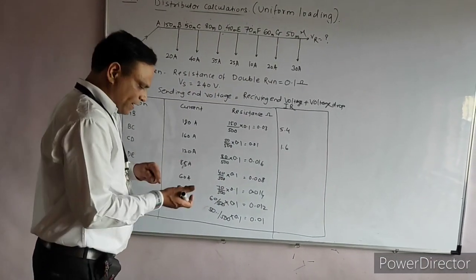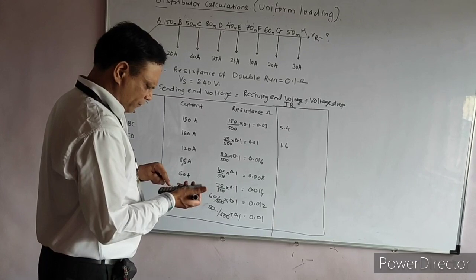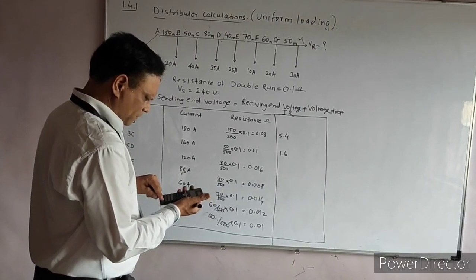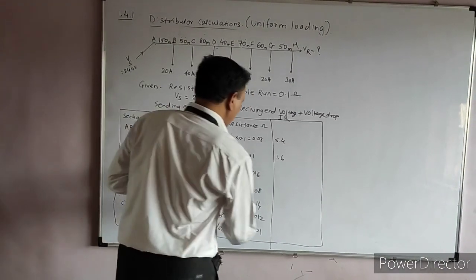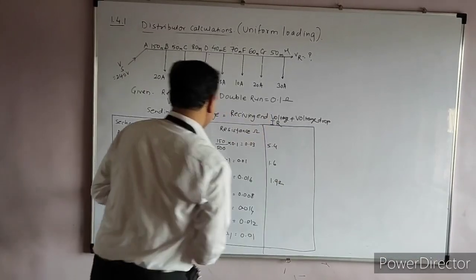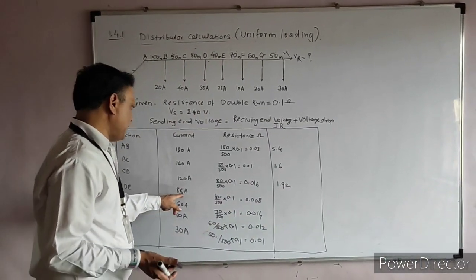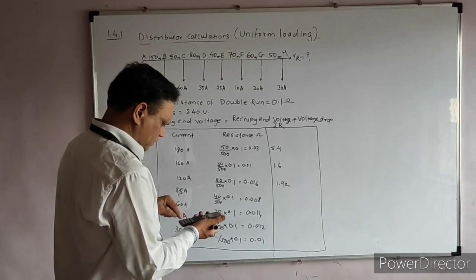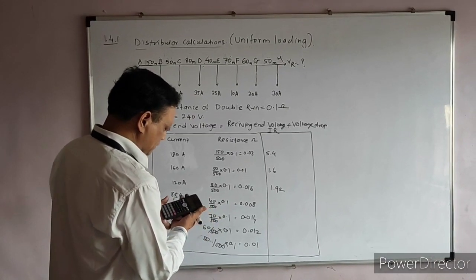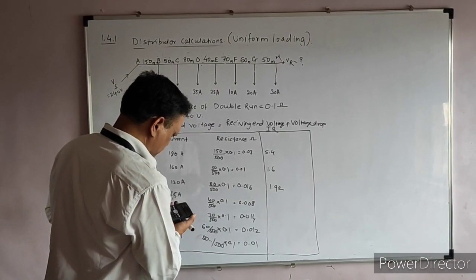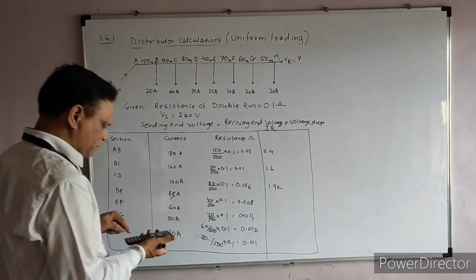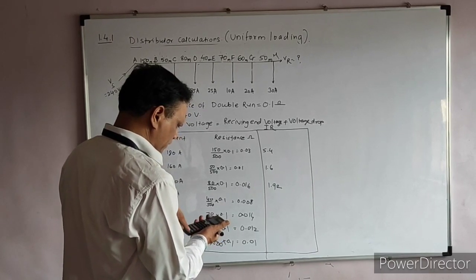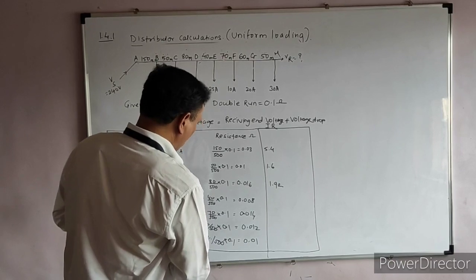Then if you multiply 120 with 0.016, you will get 1.92. Then if you multiply 85 with 0.008, sorry, it is 0.008, you will get the value as 0.68.